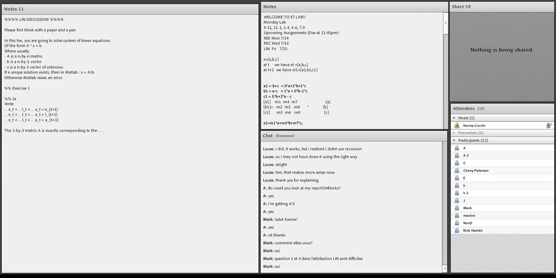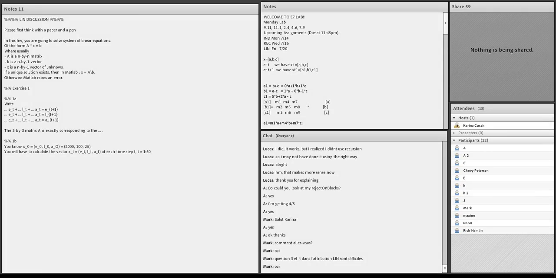All right, for 1b, you have to use the matrix A that you just defined to compute the number of individuals in each population throughout time. To do that, you know the initial number of individuals in each population.